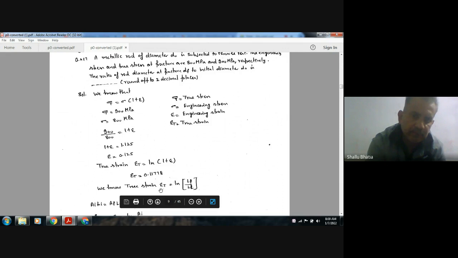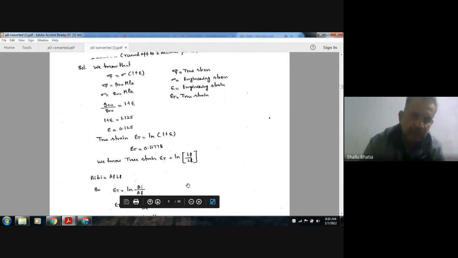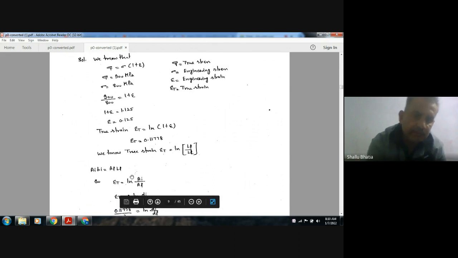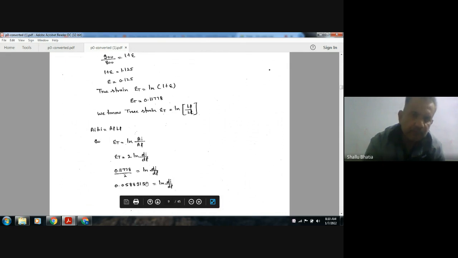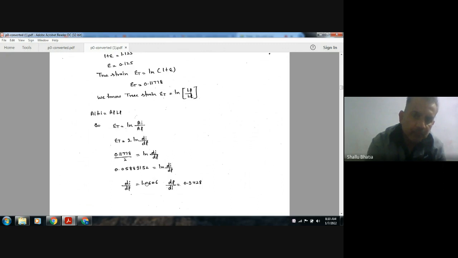Now epsilon t is nothing but ln lf by li. We are assuming that the volume remains constant, so lf by li is Ai by Af. Now in terms of diameter we will have di square by df square.